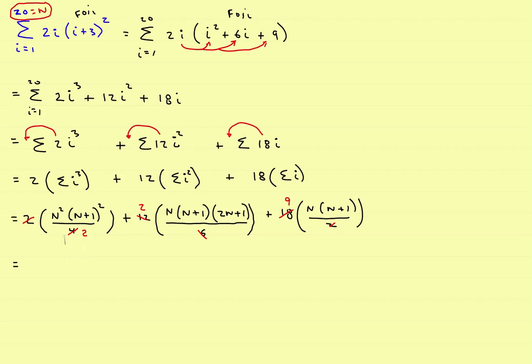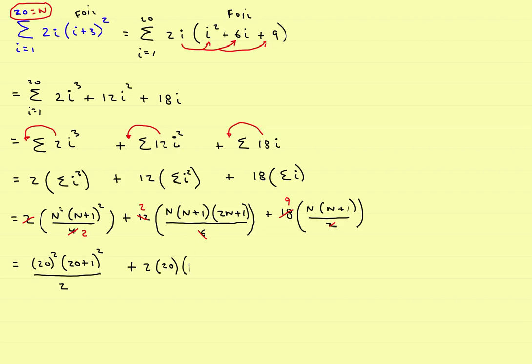Okay, with that in mind, in place of n squared, I'm going to have 20 squared times 20 plus 1 squared, all divided by 2. Then I'll have plus, now I've got the 2 out in front, so there's the 2. Then this n gives me a 20.